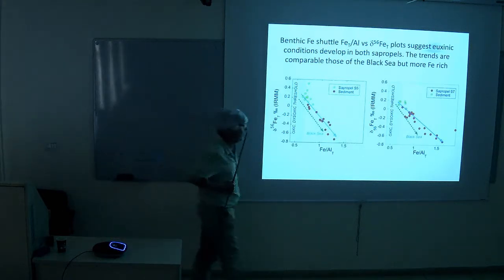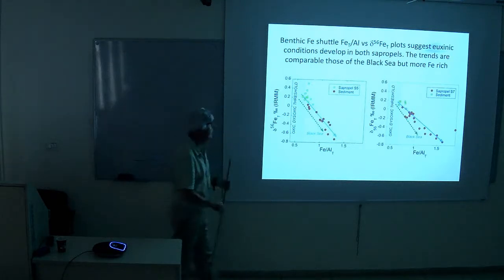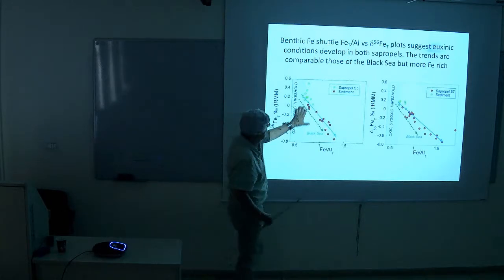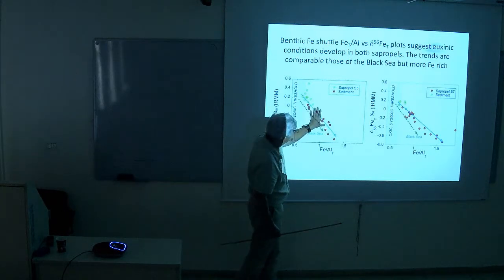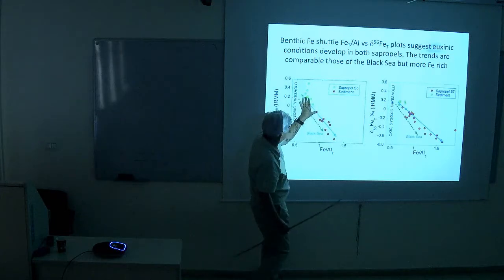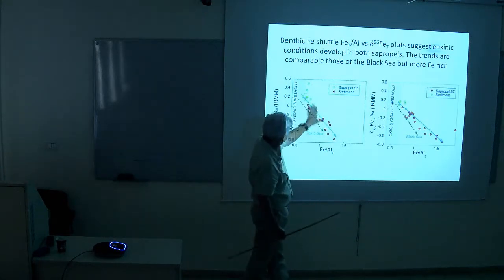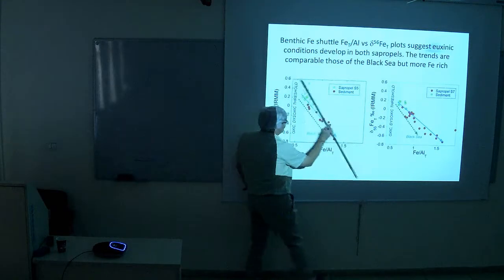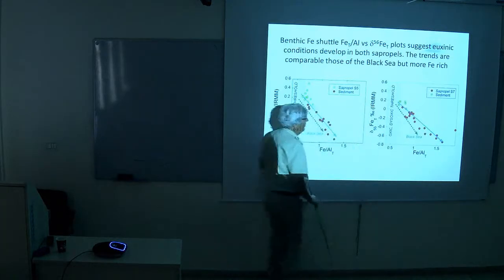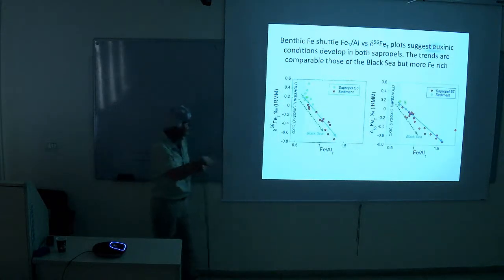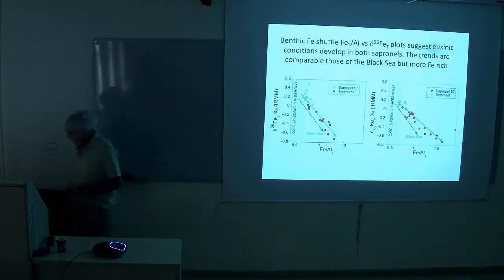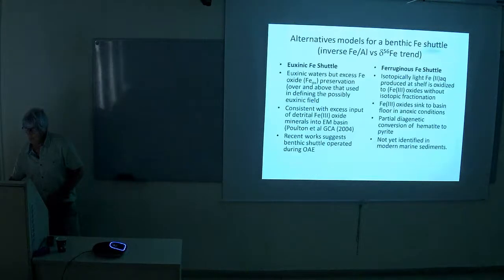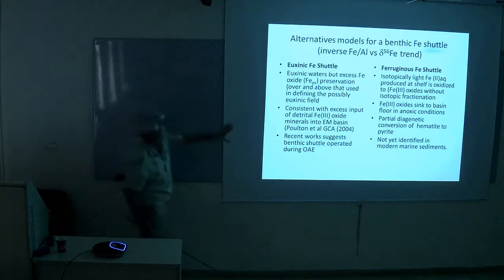And so if you have this massive input during sapropel periods of detrital iron minerals, and then these iron minerals are buried without undergoing sulfidization in the euxinic basin, then you will have this shift to higher Fe/Al values because they represent the added excess iron that is coming into the basin. So this is this point here.